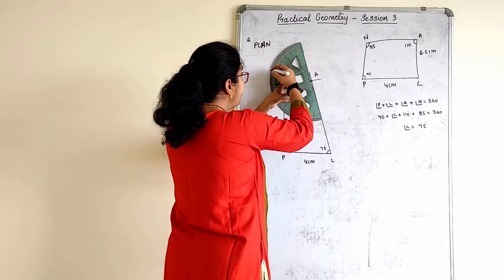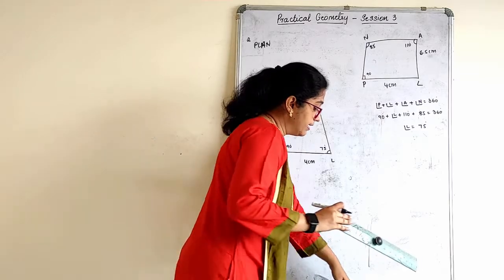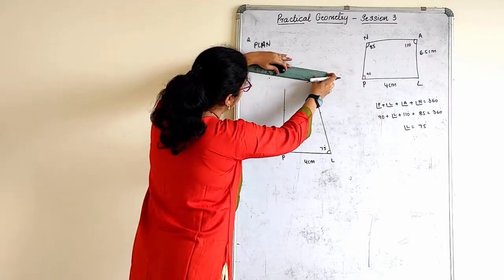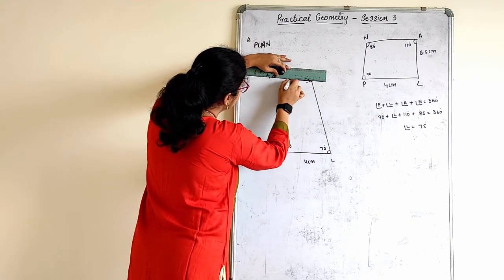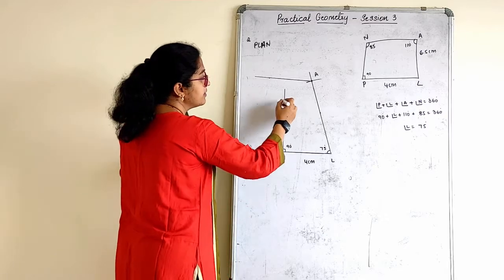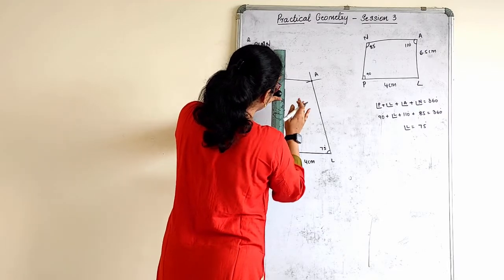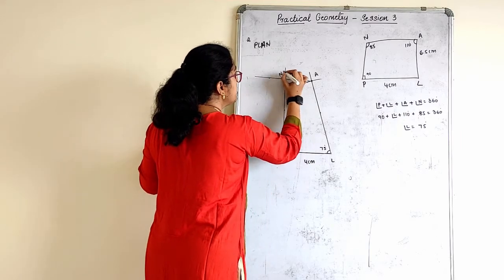It is 105, 110. For 110 I have marked. From here, draw for 110 for what you have marked a straight line. Right? Can I extend this line? Yes, we can extend it. This point of intersection is L.